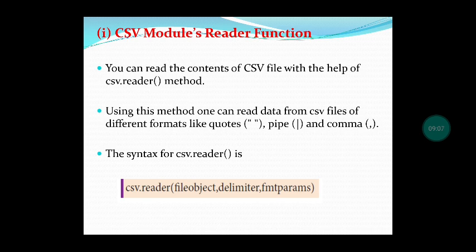The syntax for csv.reader is csv.reader(fileobject, delimiter, fmtparams). First you have to give the file object and mention the delimiter that we want, either a comma or double quotes or pipe, and finally you have to give the parameters.